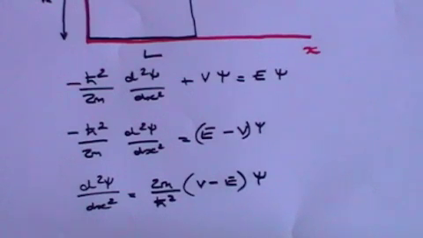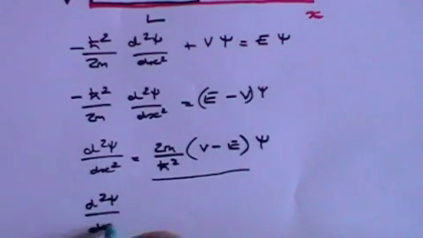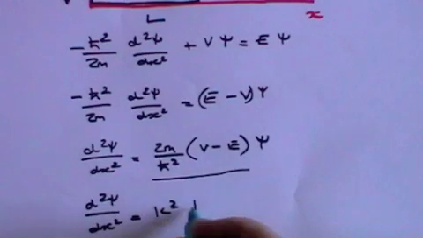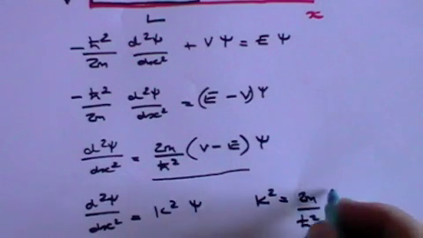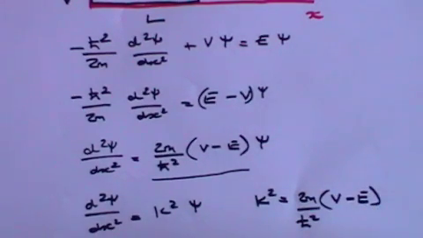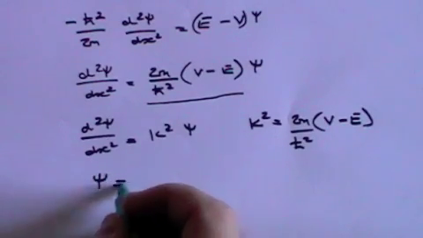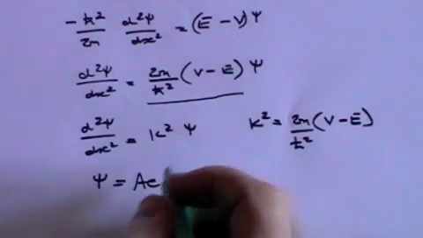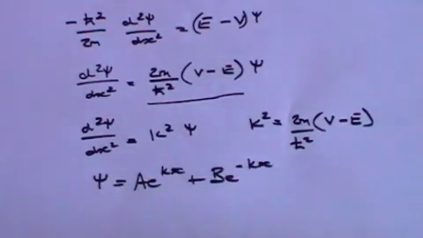Now I am going to call this term k squared. So d2 psi by dx squared equals k squared psi, where k squared is 2m over h bar squared (V minus E). Now that is satisfied by psi equals A e to the kx plus B e to the minus kx.